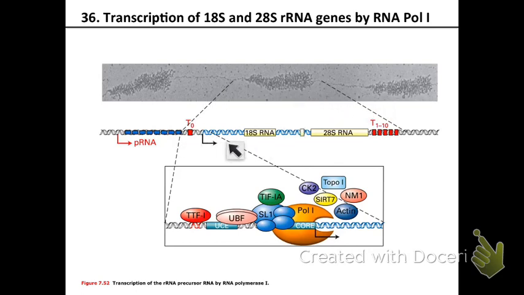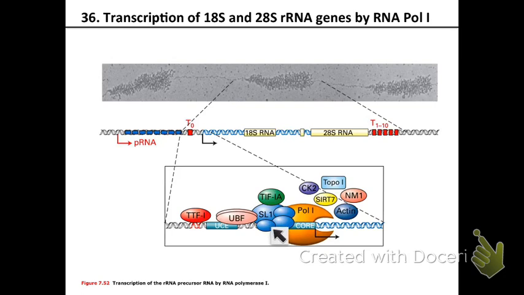What you have is these genes that are repeated tandemly many times in the rDNA locus in the genome. They have a single transcription start site, and that transcription start site contains a promoter. And the sequences at the promoter of these RNA genes are different from the sequences that you find at the protein coding gene promoters.